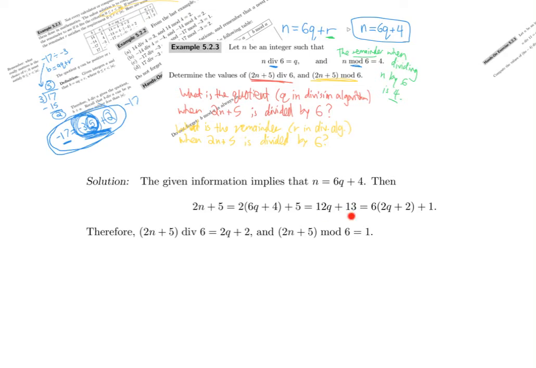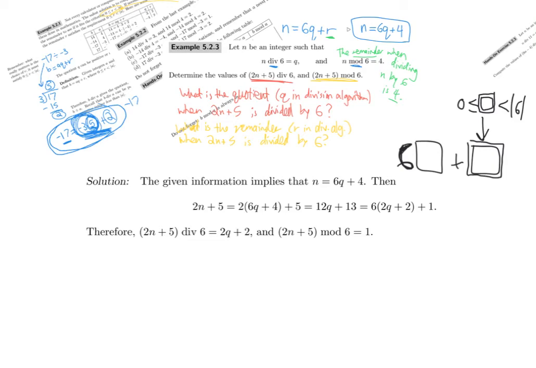And what I want to be able to do is write that in the form 6 something plus something. I want to write it in that form such that this something over here, the r, is between, let's do a different style box just so we don't mix it up with the first box, 0 less than or equal to the box, less than absolute value of 6.